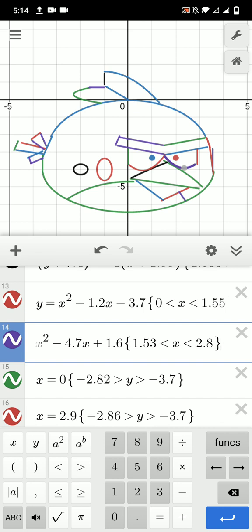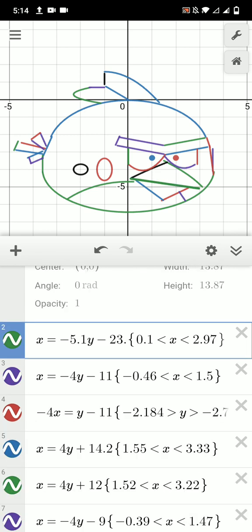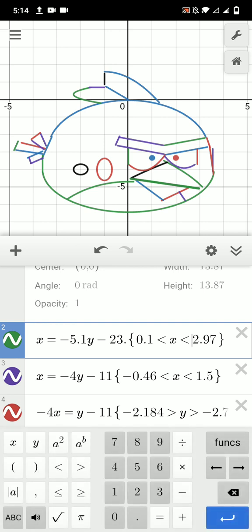And let's move on to its big part, or its mouth. This function is x = -5.1y - 23, with the domain of x greater than 0.1 but less than 2.97.